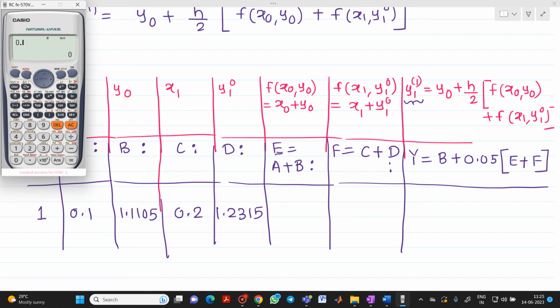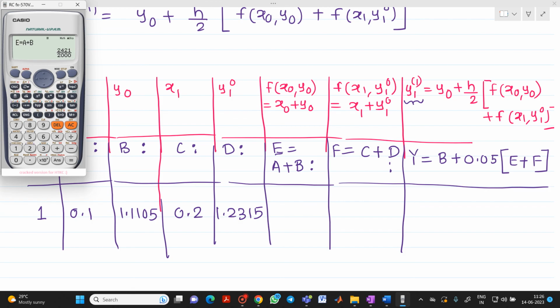A will be 0.1, B will be 1.1105, C will be 0.2, and D, that is y1 of 0, will be 1.2315.